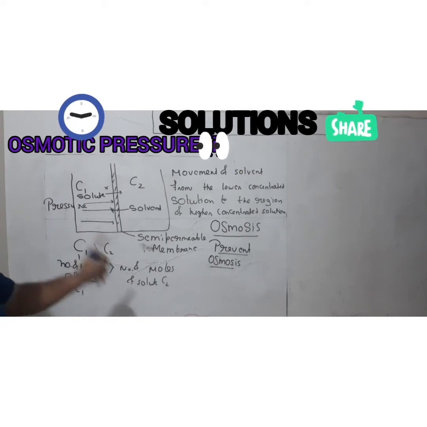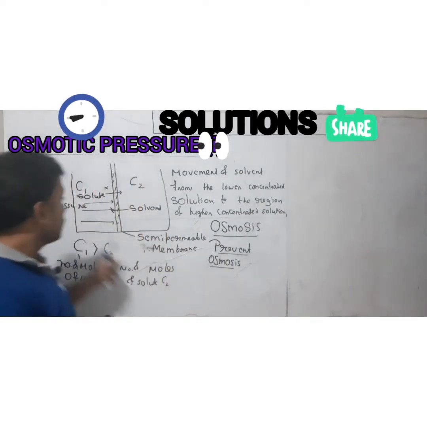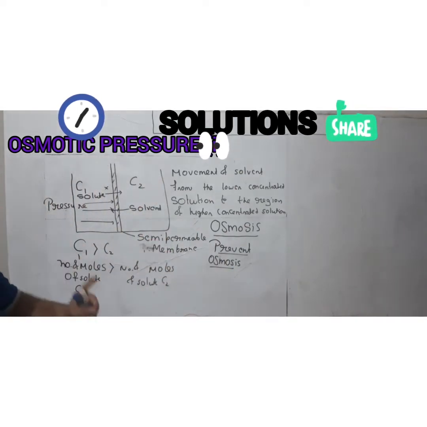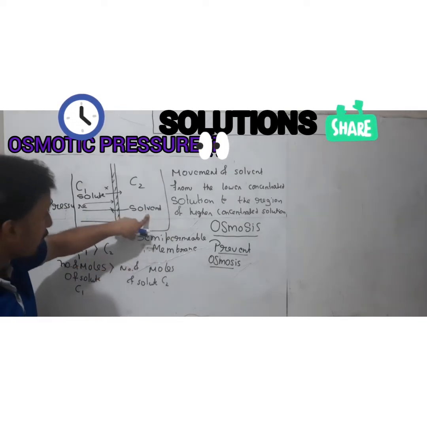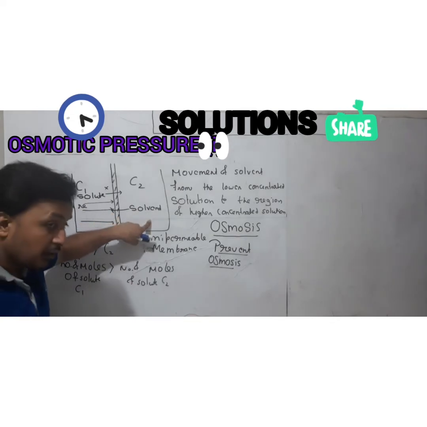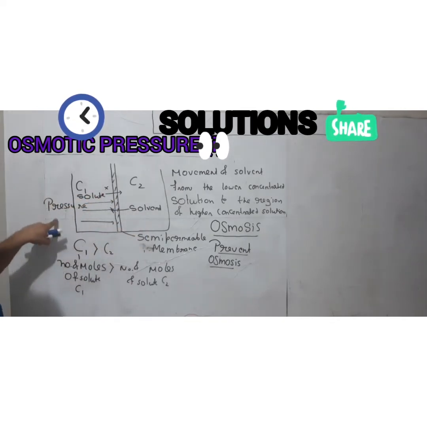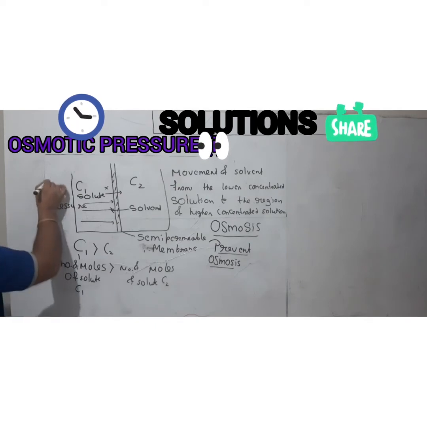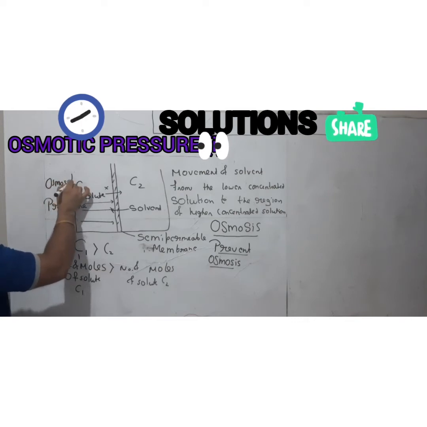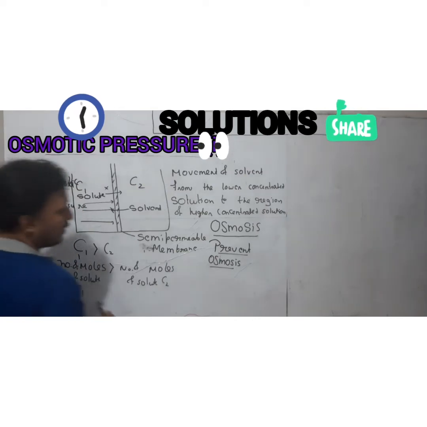The pressure which can just prevent osmosis, that is the movement of solvent from the region of lower concentration to the region of higher concentration, is known as osmotic pressure.